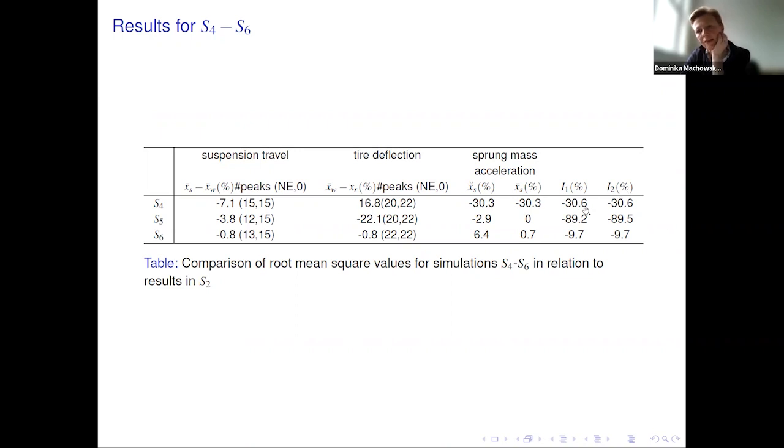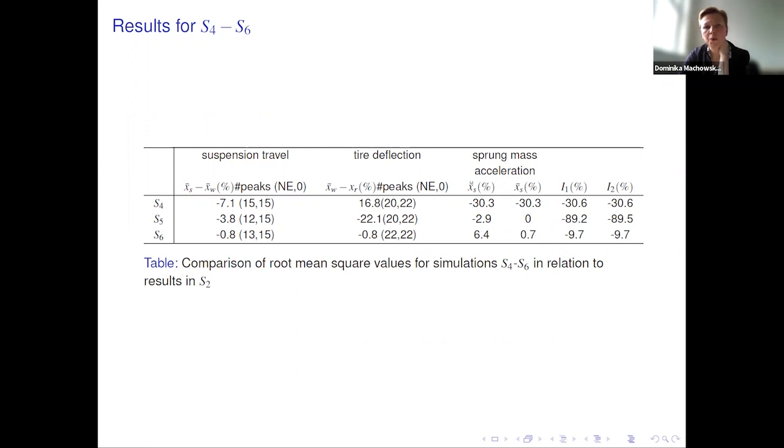But at the end, if we look at the total safety and the total comfort, we are always able to find a better solution than the benchmark values.